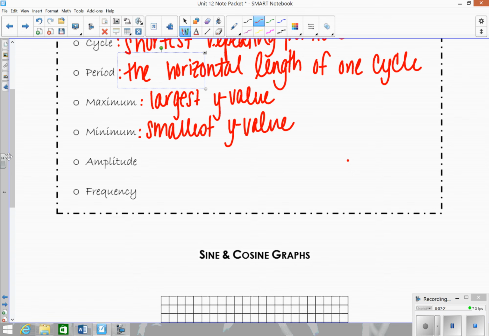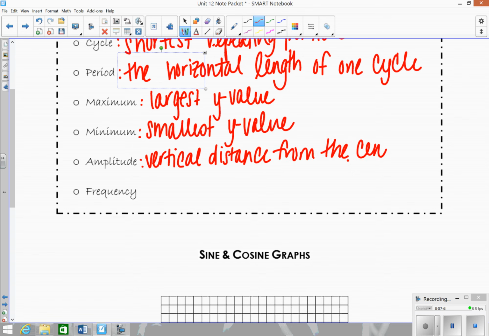So it's the vertical distance, basically like the height almost. It tells us how high one of the peaks is.